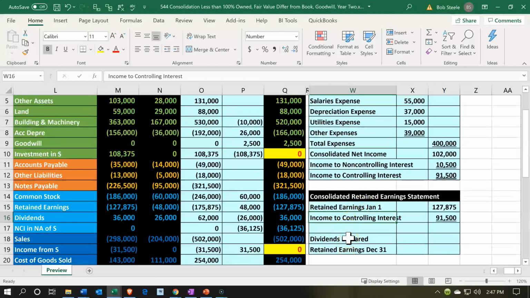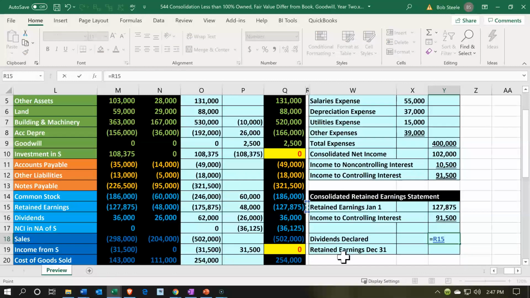And then we have the dividends. So I'm going to say dividends is going to be the 36. And then I'm going to say this equals this minus that.